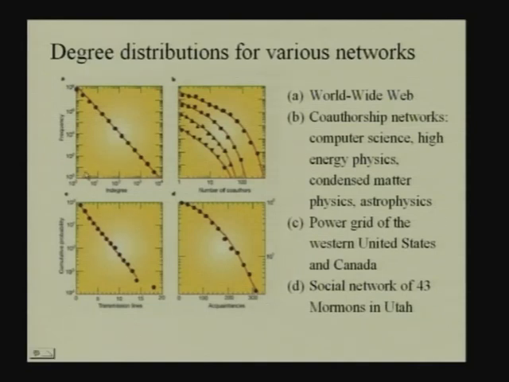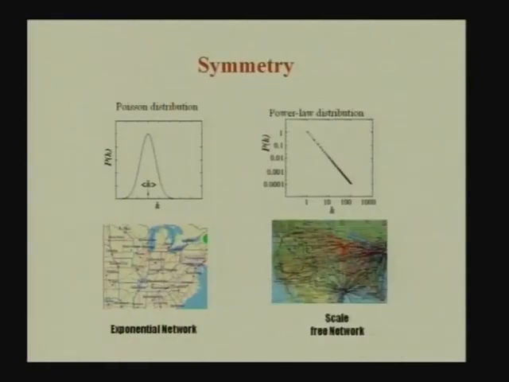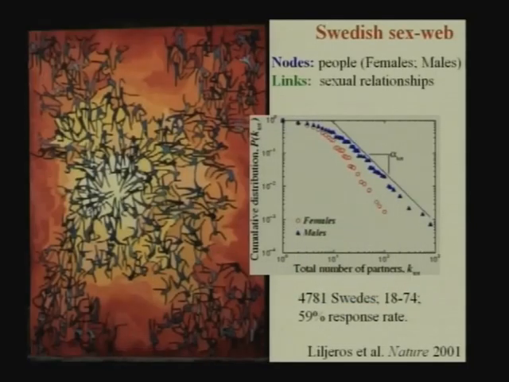The point in showing these 4 types of networks is that they are extremely diverse and really do not have a relationship with each other, but all these networks and many others like this begin to show power law.